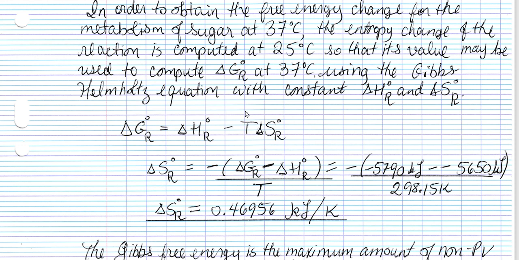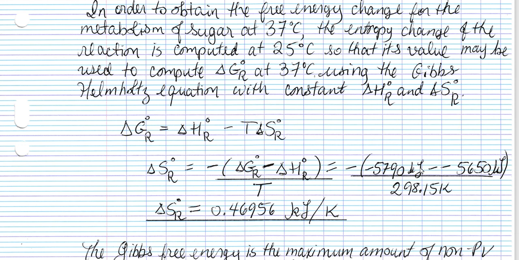So given the temperature of 298.15 K, the only unknown is the delta S of the reaction. Solving this equation for delta S of reaction, it is equal to negative of the quantity delta G reaction minus delta H reaction, divided by T.